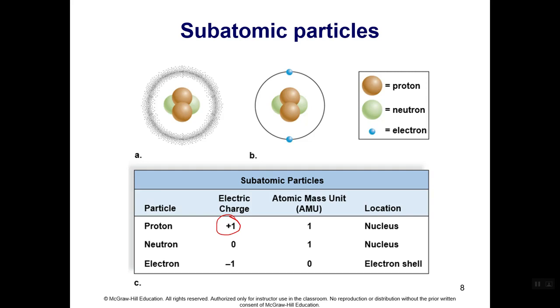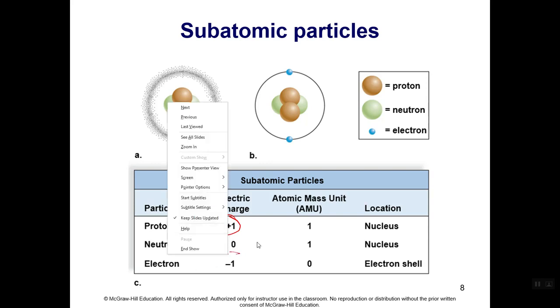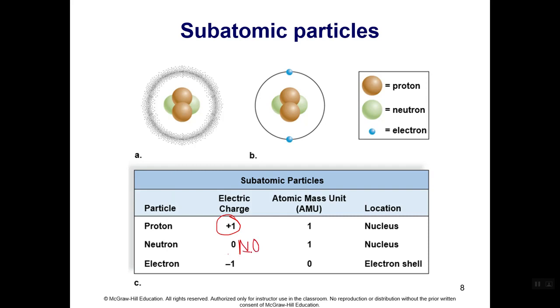Sorry about that. So protons have a positive charge. Neutrons do not have a charge. They are neutral. No charge. Electrons have a negative charge. So protons, positive. Neutrons, no charge. They are neutral.